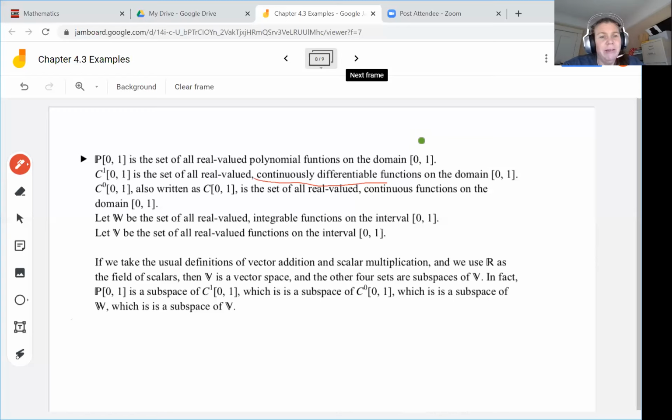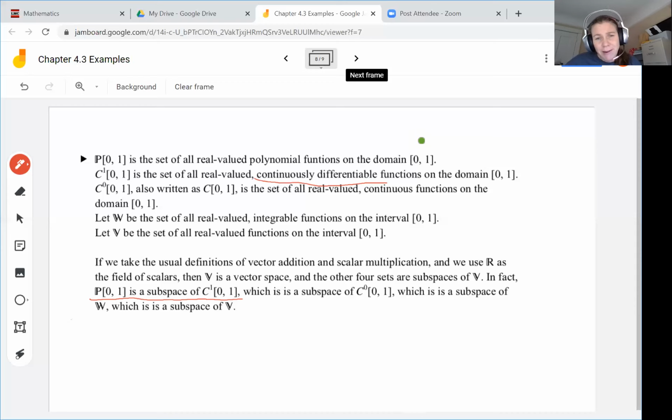So in fact, we can say the set of all real valued polynomials on the domain 0, 1 is a subspace of all the continuously differentiable functions on 0, 1, because we know polynomials are continuously differentiable functions, but they're not the only continuously differentiable functions. Think about C superscript 1 of 0, 1 would also contain sine, cosine, e to the x. So the polynomials are just a subspace of that.